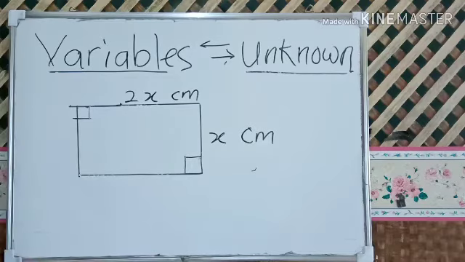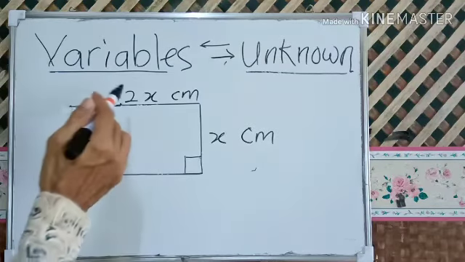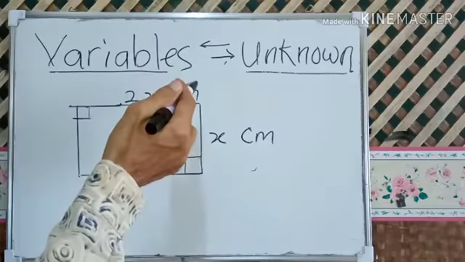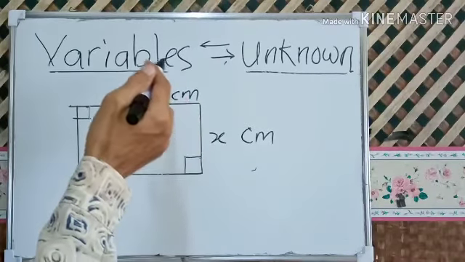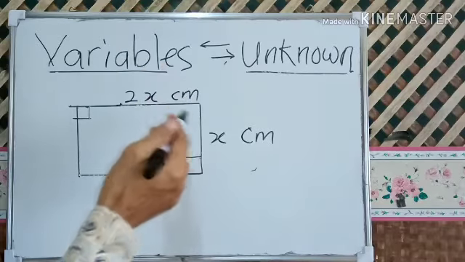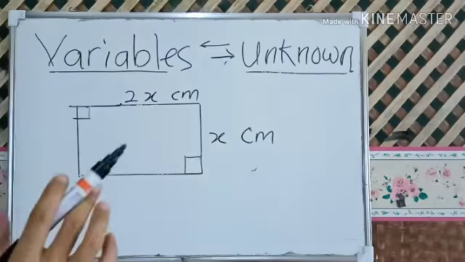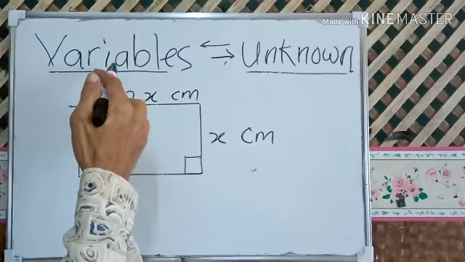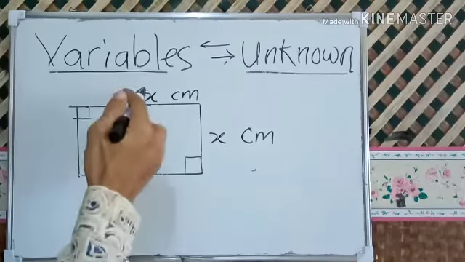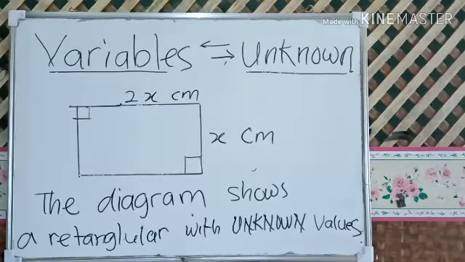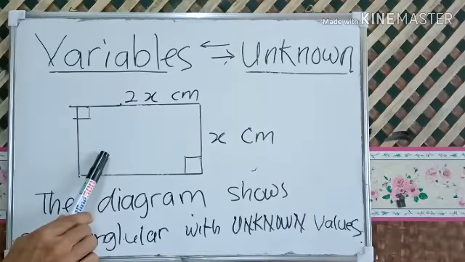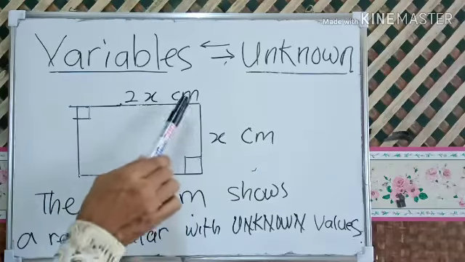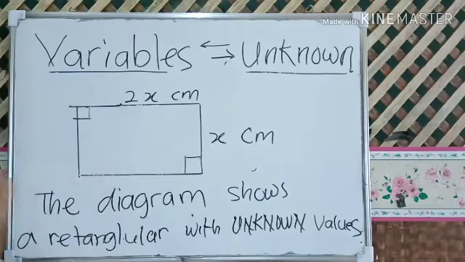After we calculate and find the exact value, then the variable will have one exact value, and this time the variable is not unknown. This is a rectangle with unknown values for its sides.